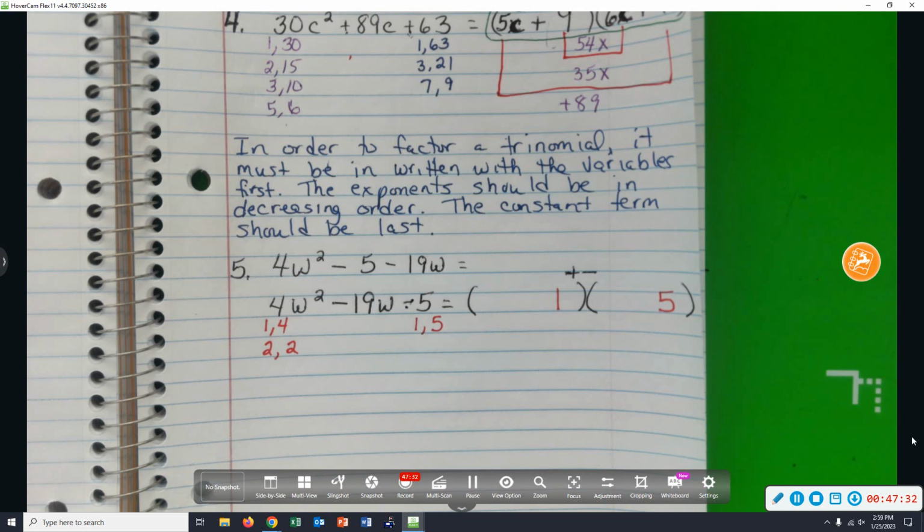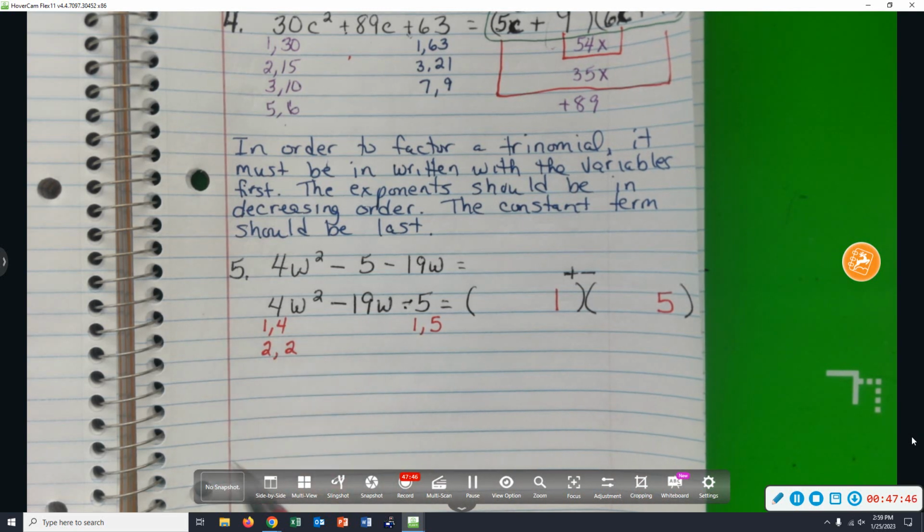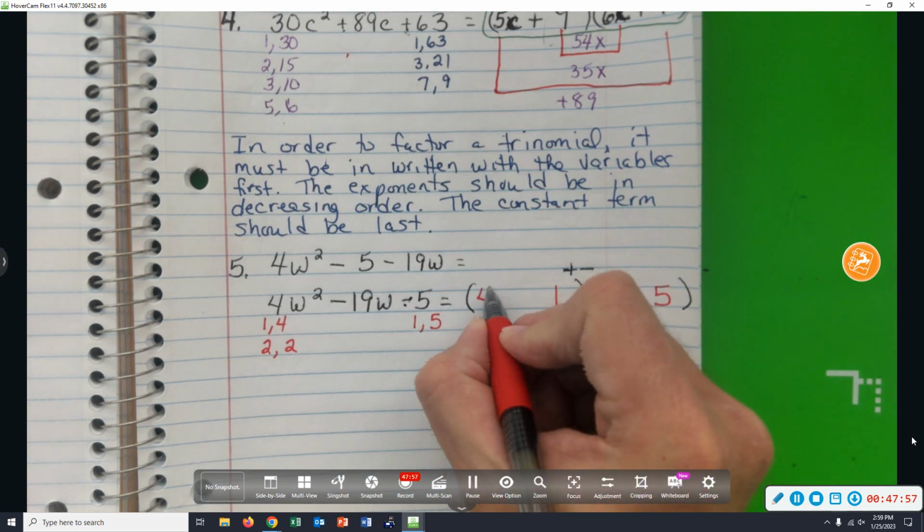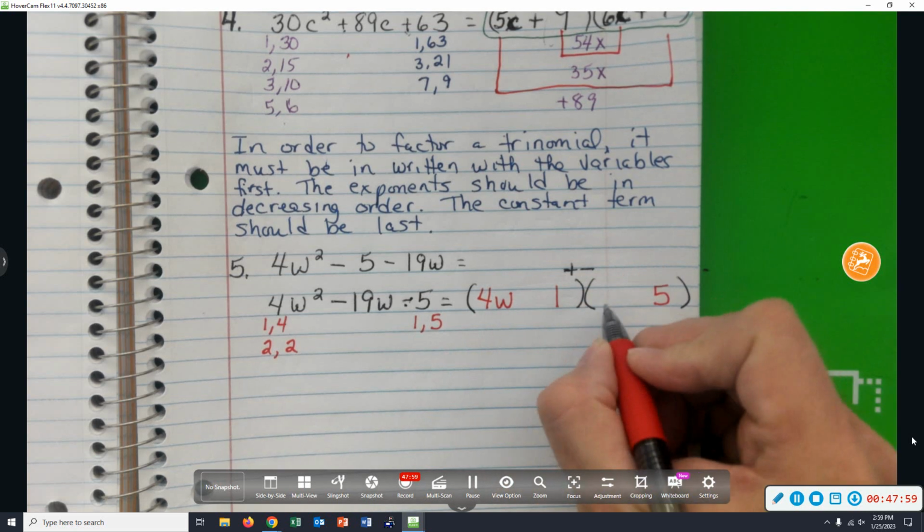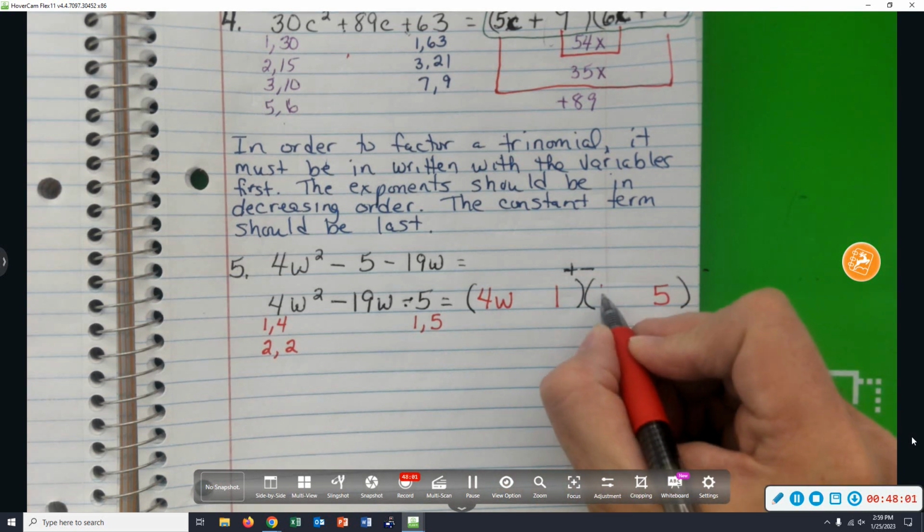And now you've got to sort of get a feel for it. Is it going to be the 2 and 2? If I put 2w and 2w, am I going to be able to get a negative 19w? Or should I try the 1 and 4? If I do the 1 and 4, how should I arrange the 1 and 4? Okay, if I put the 4 here, see, there's a lot of thought going on here.